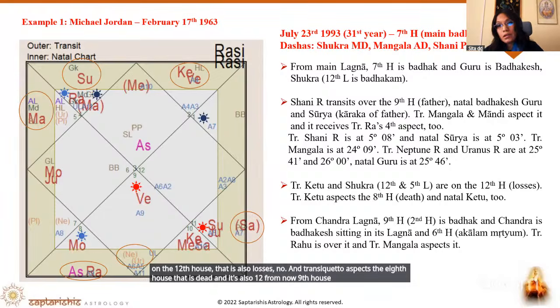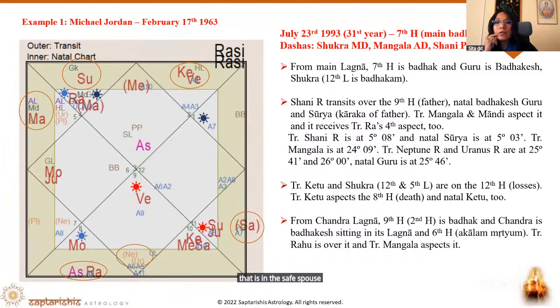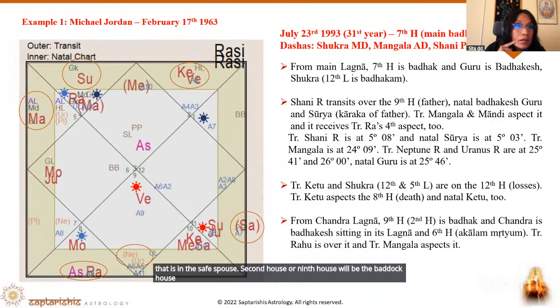So, then we are going to see the Chandra Lagna. From Chandra Lagna, the 6th house, 2nd house or 9th house will be the Badhaka house, and Badhakesh is the Moon itself sitting in Lagna.